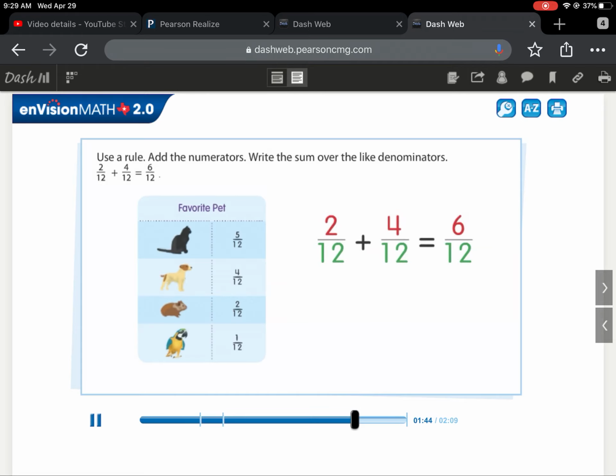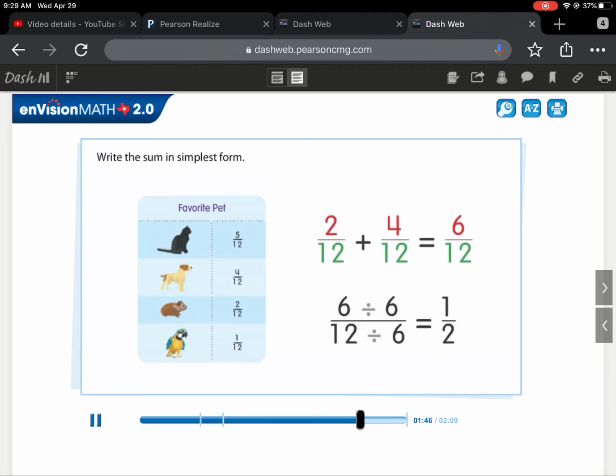Write the sum in simplest form. 6 divided by 6 over 12 divided by 6 equals 1/2.